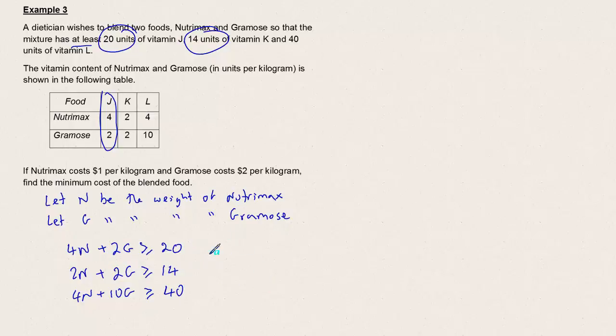And we can actually simplify these for plotting. So this one here would be 2N plus G is greater than or equal to 10. N plus G is greater than or equal to 7. And 2N plus 5G is greater than or equal to 20.